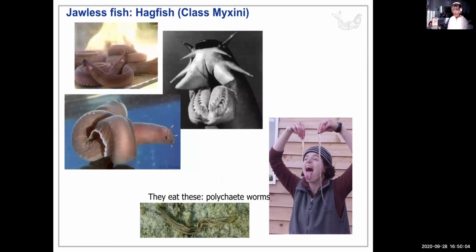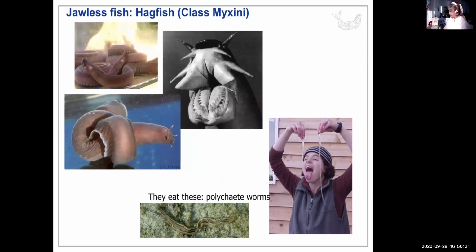There's really only two groups of jawless fish. There are the myxini, and those are your hagfish. Have you heard of hagfish before? They're quite remarkable. You know, they're almost everywhere, the jawless fishes.